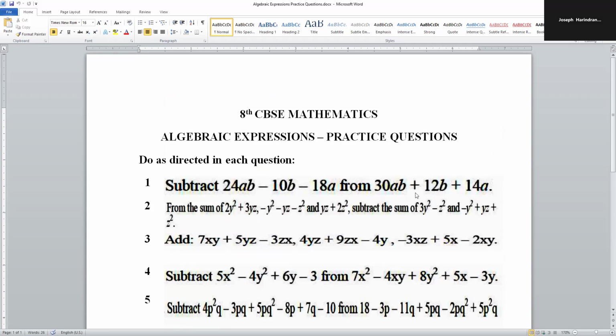We prefer the horizontal method. The expression we have to subtract from comes first. Then we put a minus sign, and then the expression to be subtracted goes after that within brackets. Let us go to the solution for the first.